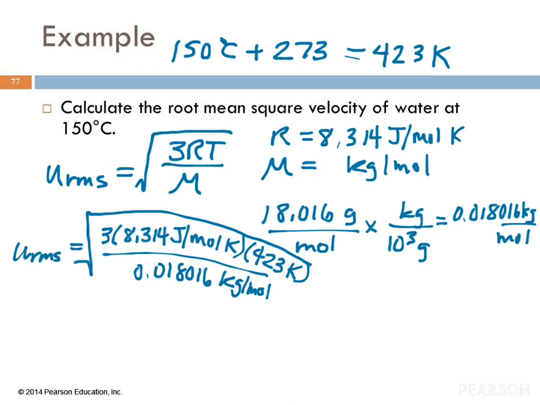So let's cross out the units that we can. Moles are going to cancel out, and kelvins are going to cancel out. Let's not worry about the rest of them for a minute. Let's get the number.